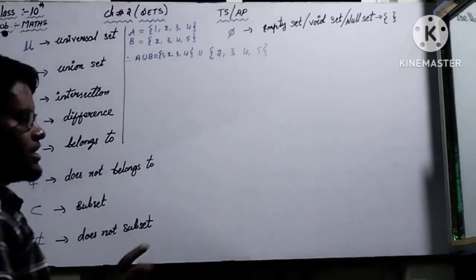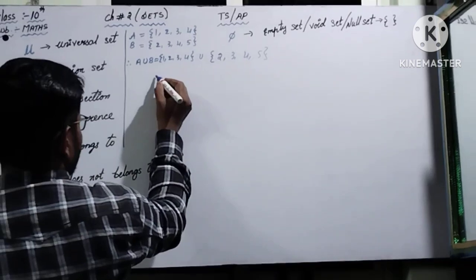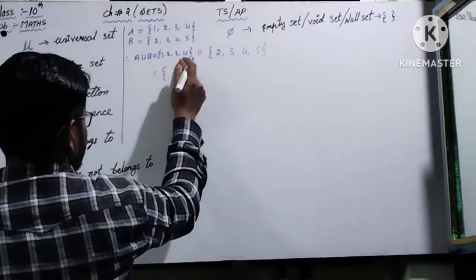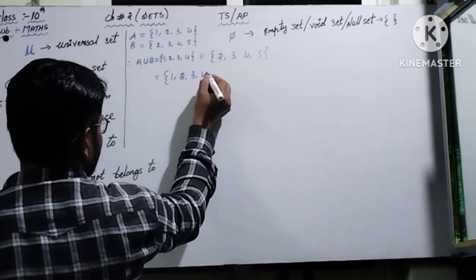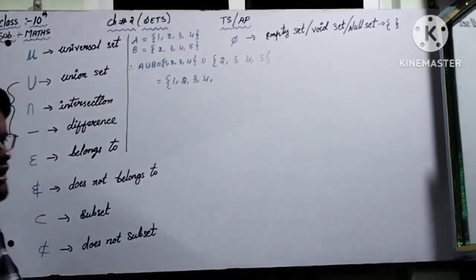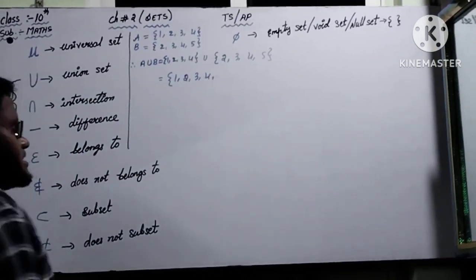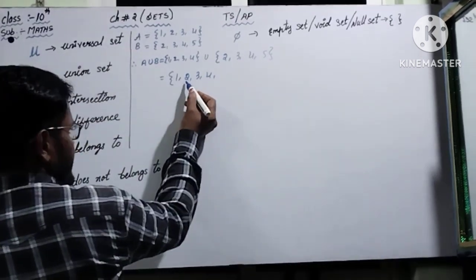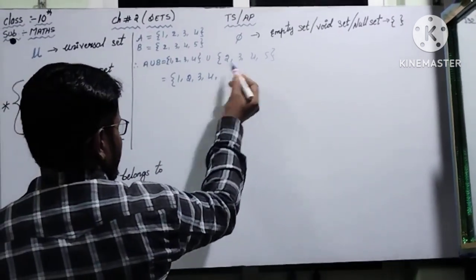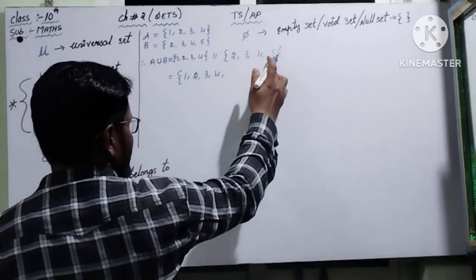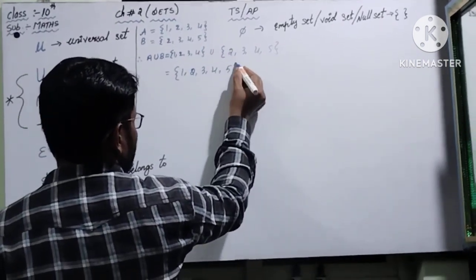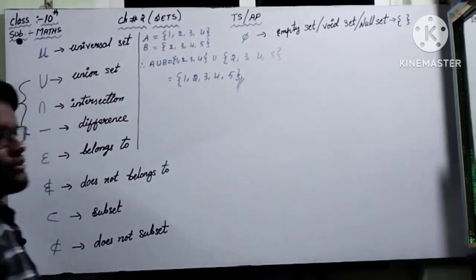First set elements: 1, 2, 3, 4. I have taken all the elements of the first set. Then in the second set, 2 is repeated, don't write. 3 is repeated, don't write. 4 is also repeated, don't write. 5 is not repeated. This is A union B.